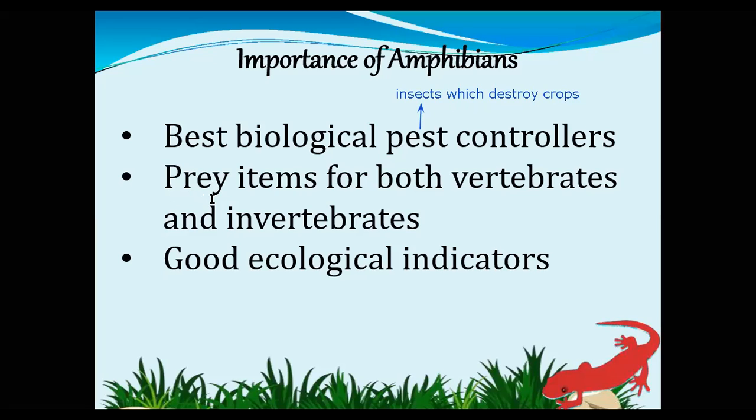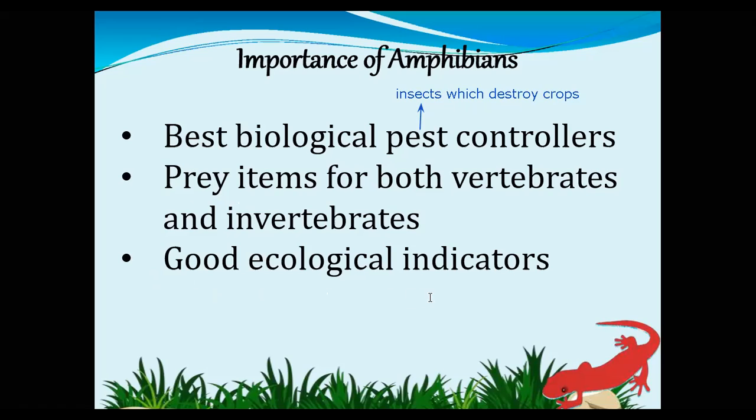Snakes eat frogs. Snake is a vertebrate. Salamanders also, if they get a chance, can eat frogs. Therefore, frogs become food for other animals. They are eaten by other animals.